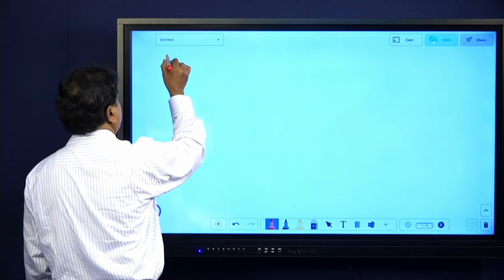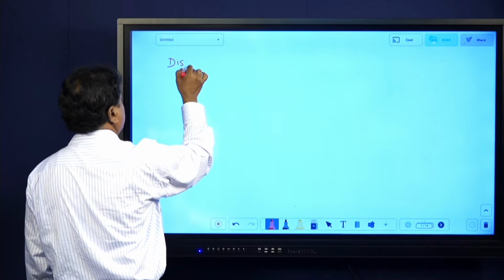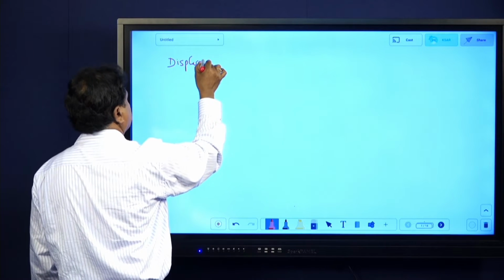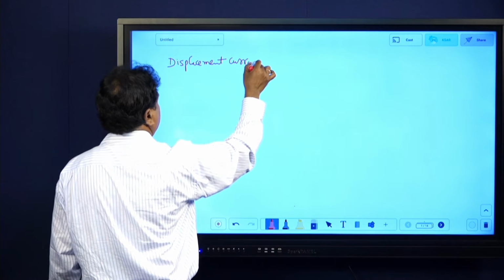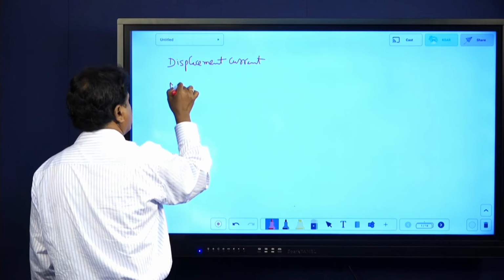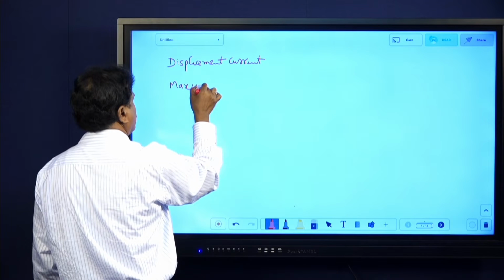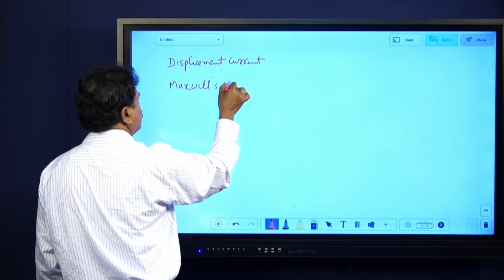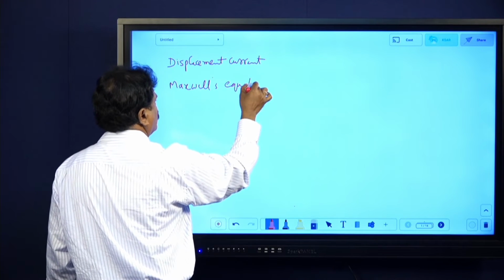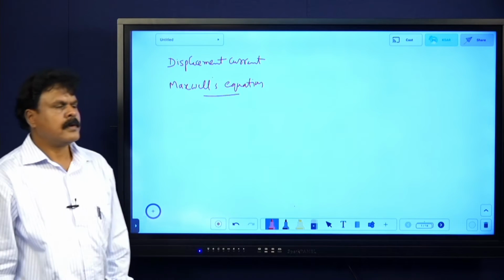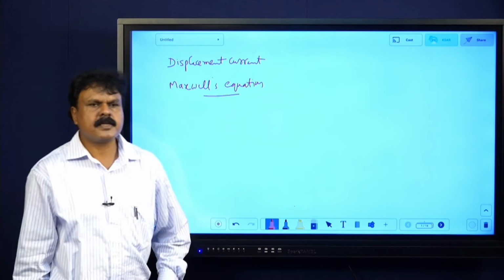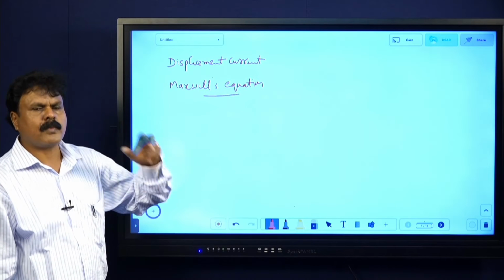So that is electromagnetic waves: the definition of displacement current, the significance of displacement current, and Maxwell's equations. All the 4 Maxwell's equations, you just go through them. That will complete this part. This part you will be getting a good lot of marks.